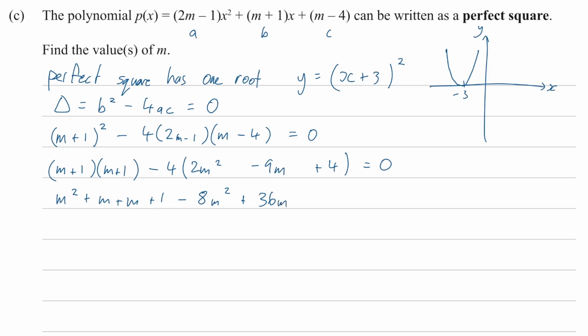Minus 4 times positive 4 is minus 16 equals 0. Group our like terms. So m squared minus 8m squared is minus 7m squared. M plus m is 2m plus 36m is 38m. Plus 1 minus 16 is minus 15 equals 0.